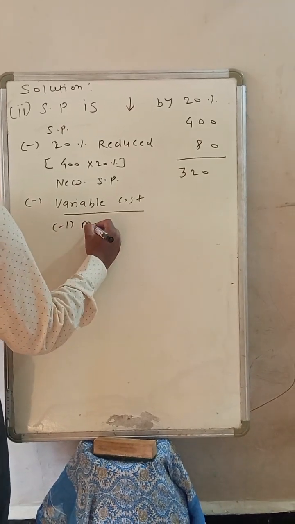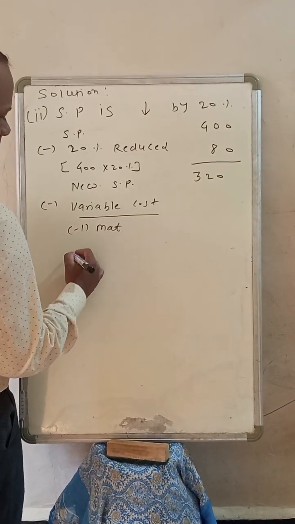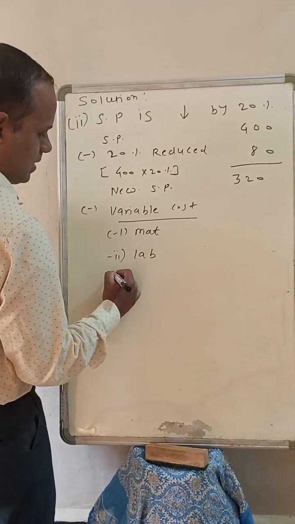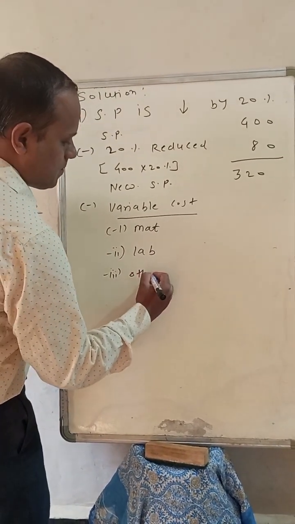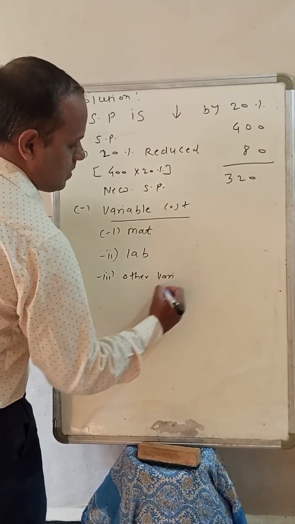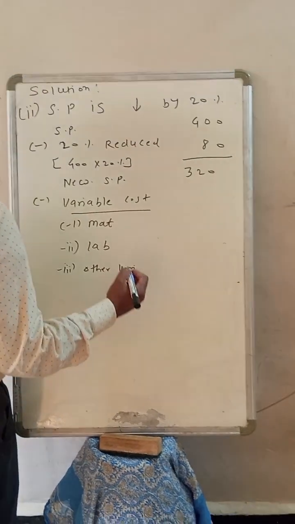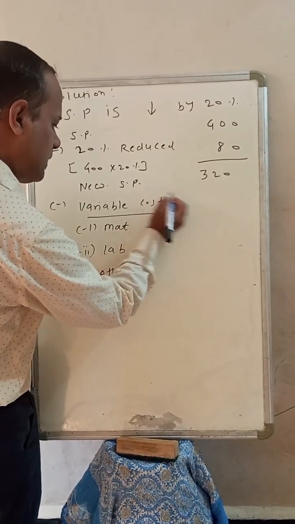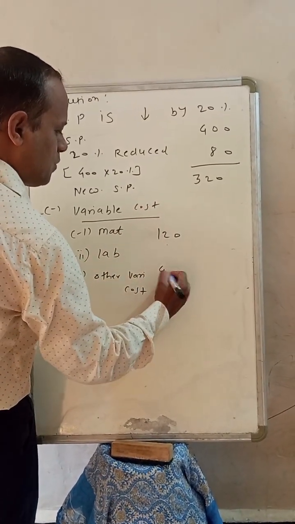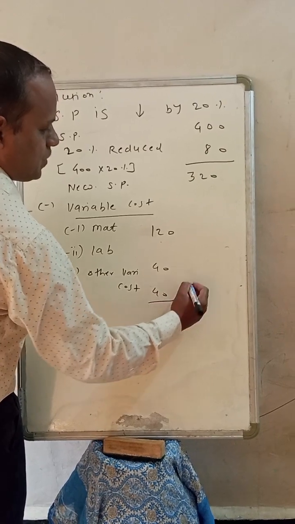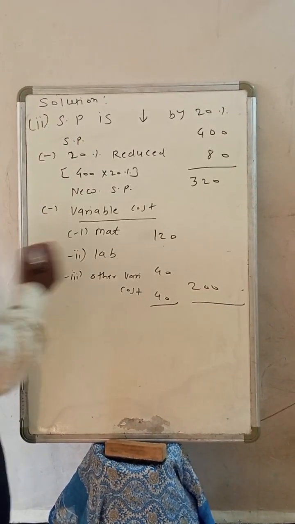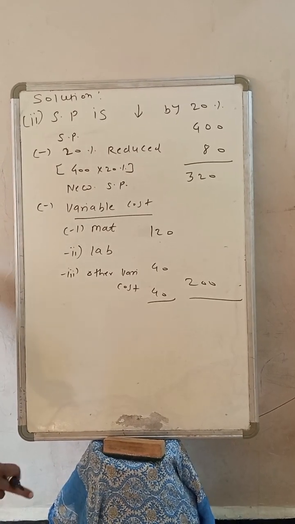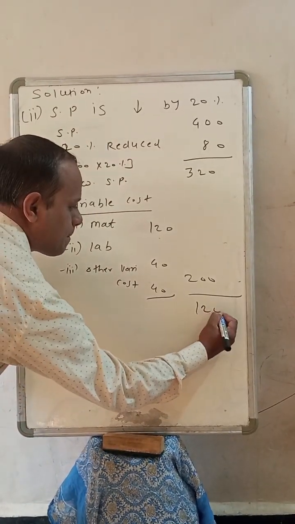There are three variable costs given. First one is material, second one is labor, and third one is other variable cost. That is 120, 40 and 40. So 200. By reducing the selling price minus total variable cost, your new contribution is 120.